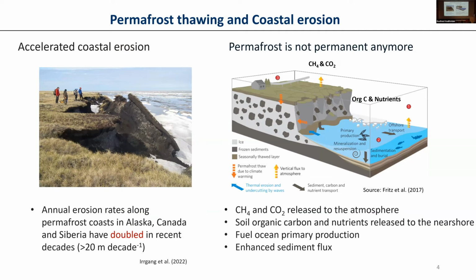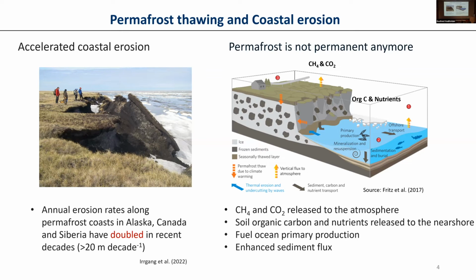Studies have suggested that the annual erosion rate along the permafrost coast in Alaska, Canada, and Siberia has doubled in recent decades. The rate can be as high as 20 to 40 meters per decade. And this rate is expected to accelerate in the future because of sea level rise and extreme heating events in the Arctic.